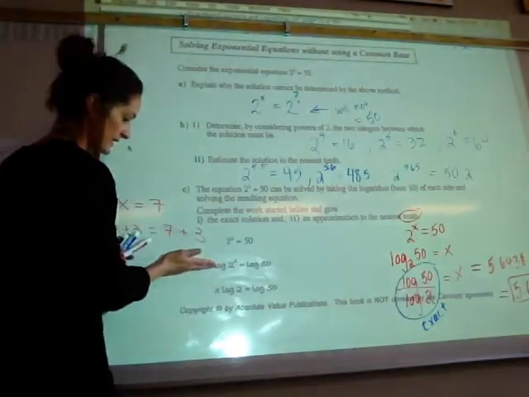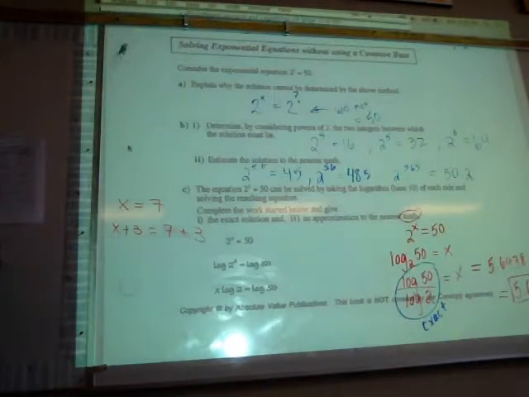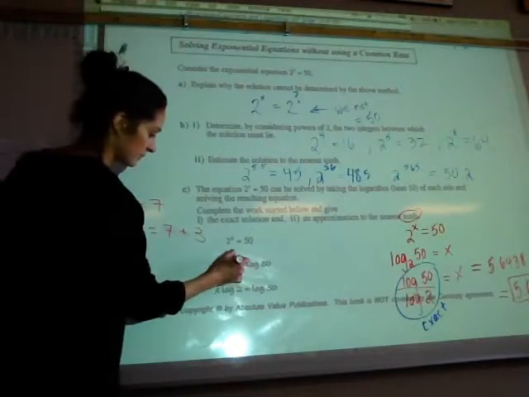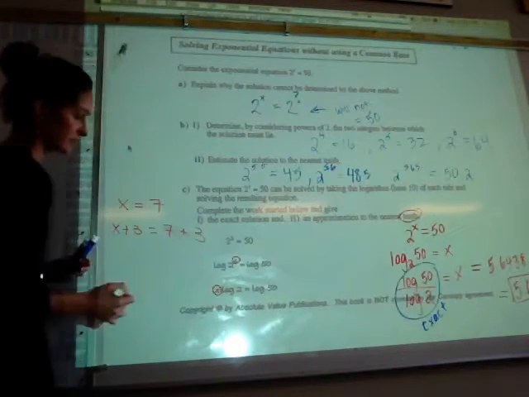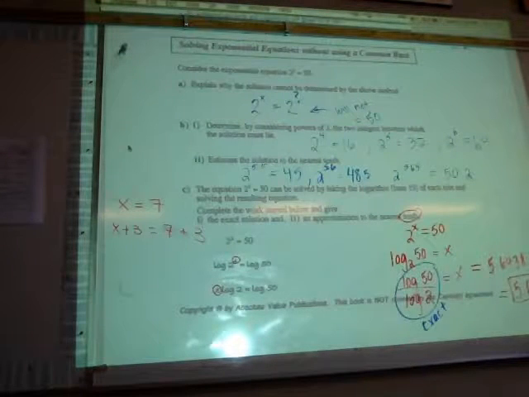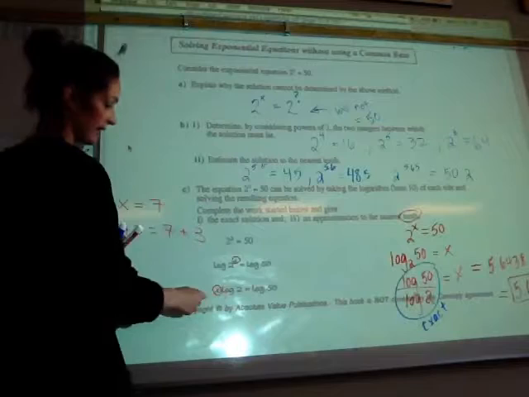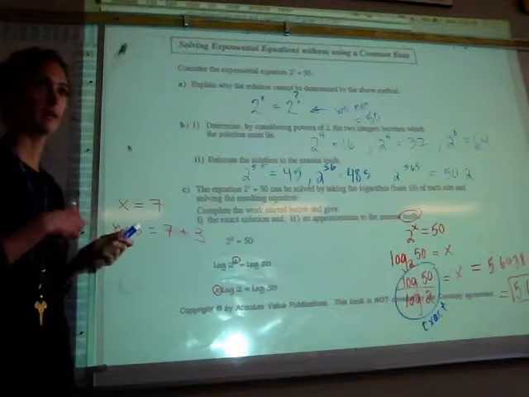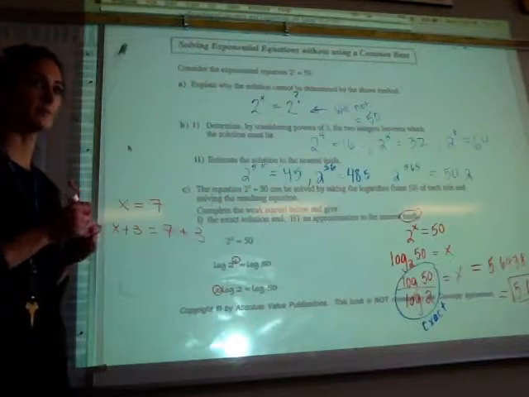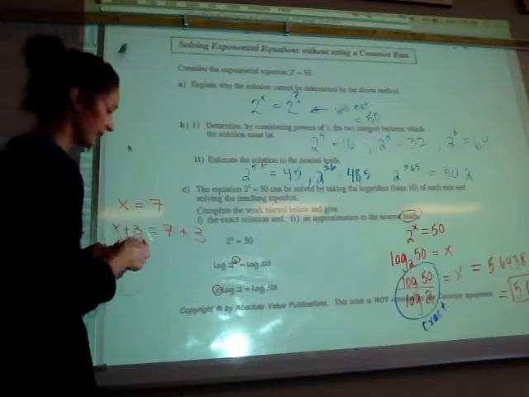Going from this step to this step, does anyone recognize any of the laws that's been applied? The power law, taking the exponent x and just moving it out front. How can I isolate x now? I have x multiplied by log 2, so I can just divide.